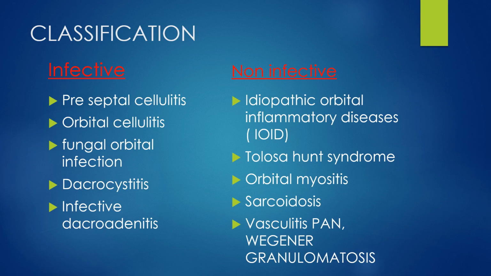Non-infective are idiopathic orbital inflammatory disease, also called the pseudotumor of the orbit, and non-specific orbital inflammations. Tolosa-Hunt syndrome, orbital myositis, sarcoidosis, vasculitis associated with PAN, which is polyarteritis nodosa, and also vaginal granulomatosis.